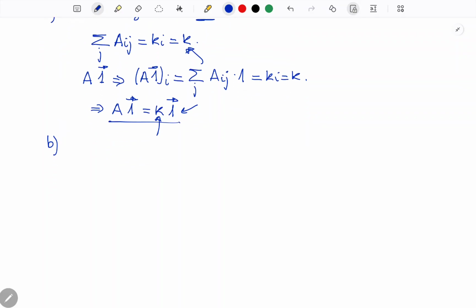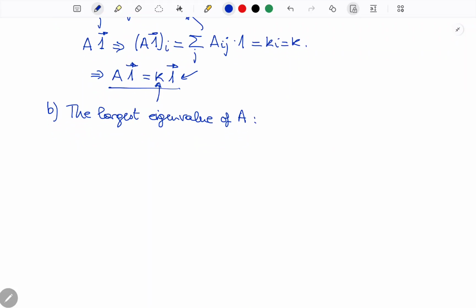Since A is the adjacency matrix of a connected network, I can use the Perron-Frobenius theorem, which states that the largest eigenvalue of A is going to be unique and real.